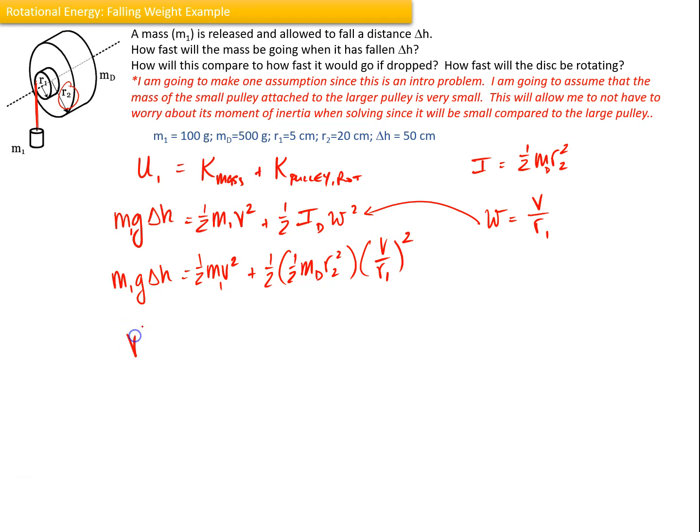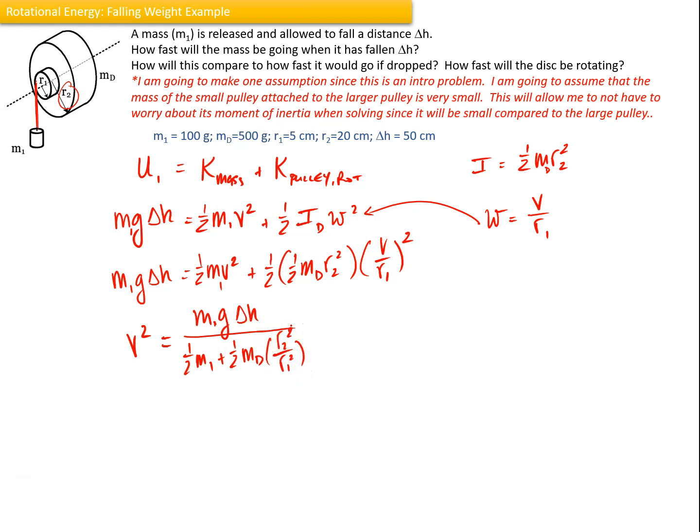So at the end, if you solve it algebraically, you get v squared equals, now this is going to be a lot more messy than the last one because we can't drop things out, m1 g delta H divided by 1/2 m1 plus 1/4 mass of the pulley times r2 squared over r1 squared.